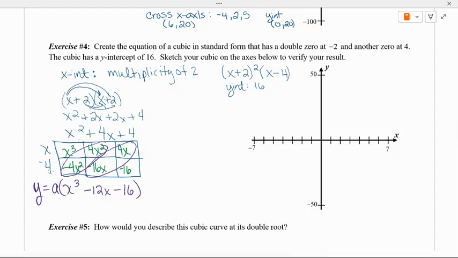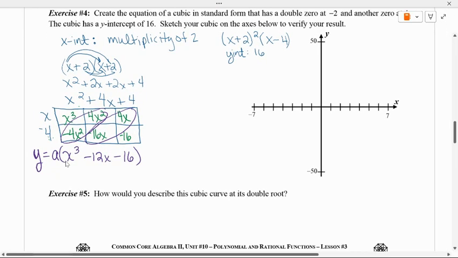When x is 0. So the y-intercept 16 happens when x is 0. So I have 0 cubed minus 12 times 0 minus 16. Well, if you simplify all of that, you get 16 equals negative 16a. So what is the value of a? It's negative 1.